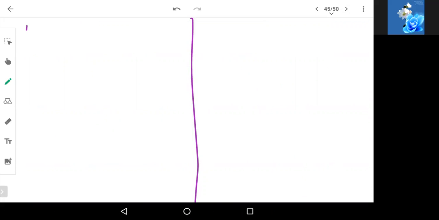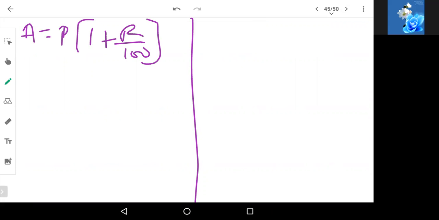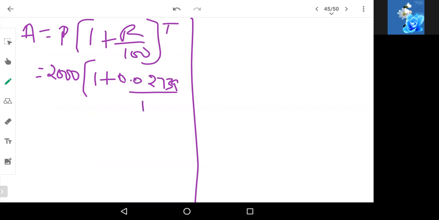Now amount is equal to P into 1 plus R by 100 to the power T. Principal is 2000 into 1 plus 0.02739, you can take those values, divided by 100 to the power 730.